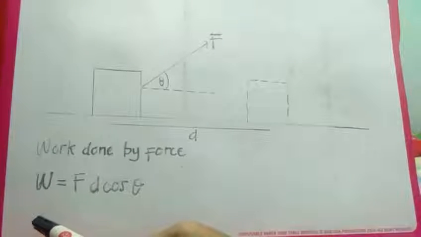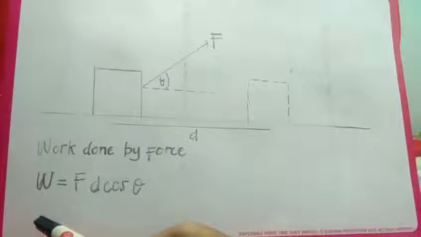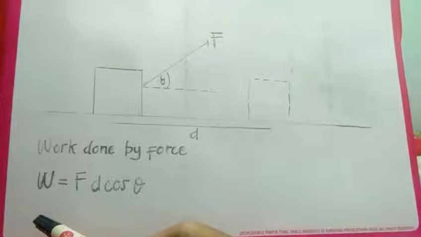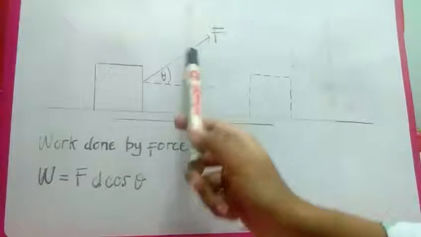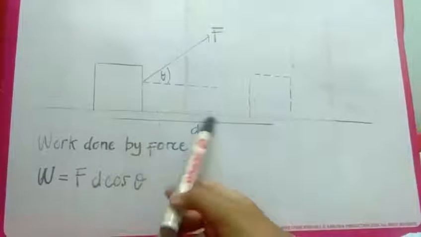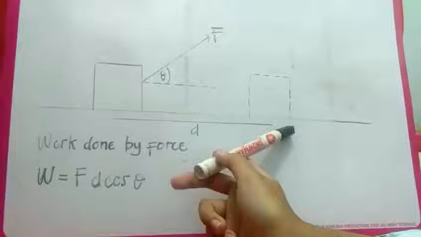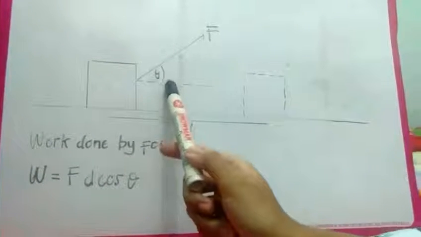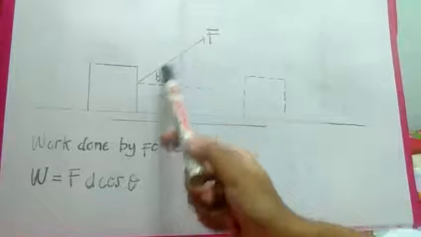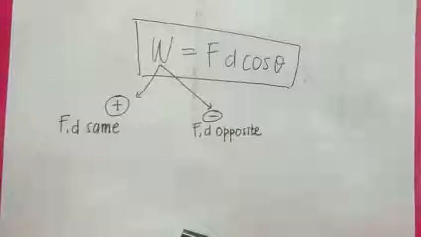The work W done on a system by an agent exerting a constant force on the system is the product of the magnitude F of the force, the magnitude d of the displacement of the point of application of the force, and cosine theta, where theta is the angle between the force and displacement vectors.